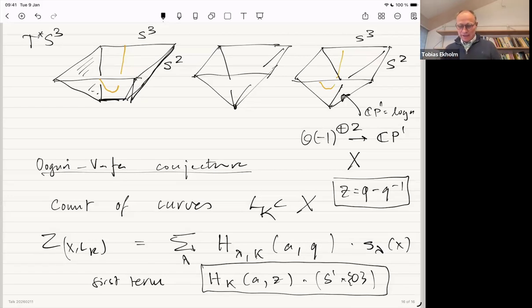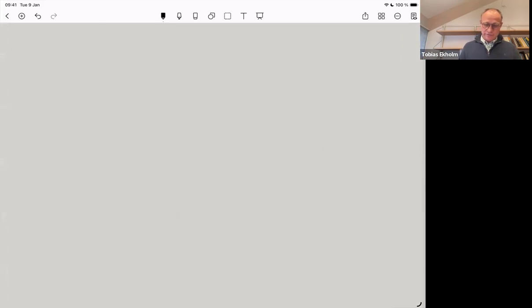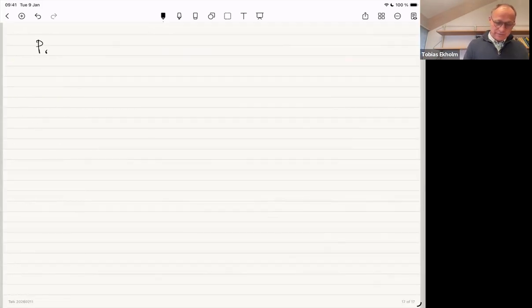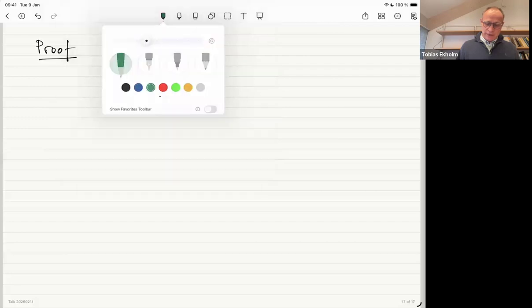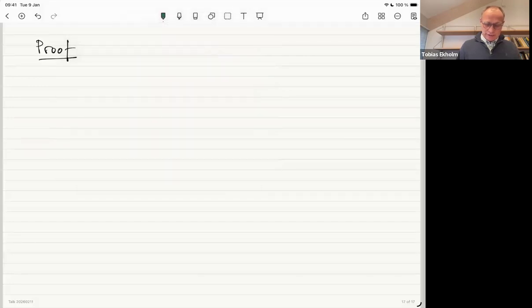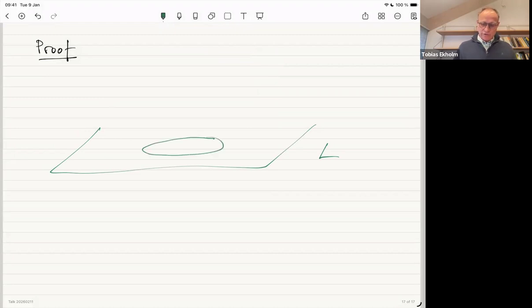So let me prove it first for this first term, and then I'll discuss the rest after this. So here's the proof. I'm going to draw a slightly weird picture of this conormal. So here we start with the Lagrangian, and then inside this Lagrangian we have the knot, right?